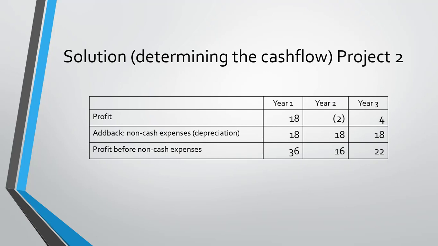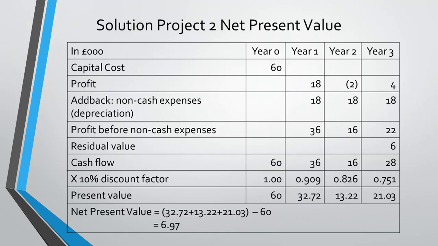Now in project 2, same thing. We already determined the depreciation, so you had to add back. Okay, we have year 1 profit before non-cash expenses 36, year 2 16, and then year 3 22. Now using the 10% discount factor that we use in project 1, that will still be the same process.